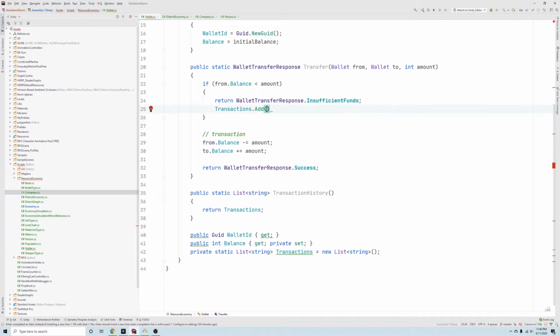And for now, I'm just going to keep a log of strings of what happened for debugging purposes.